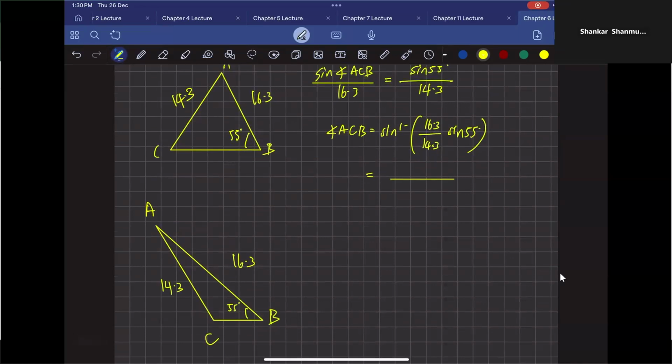If you use the same formula, you would get the same thing: angle ACB equals all this, but in this case it would be 180 degrees minus this thing.